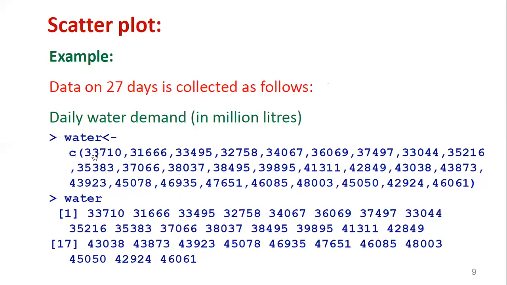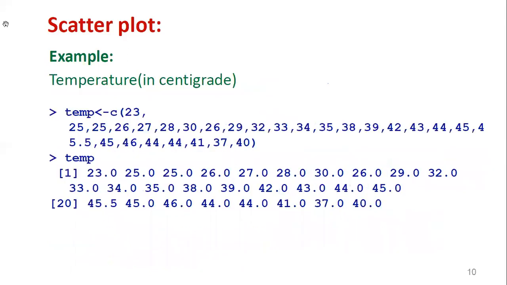That can be stored in a vector named water equal to c. Combining all the 27 days of water demand data, you create this vector, then you can call this vector and the 27 observations will be displayed. Now another vector we have to create, that is temperature, in centigrade, stored in the vector temp equal to c.